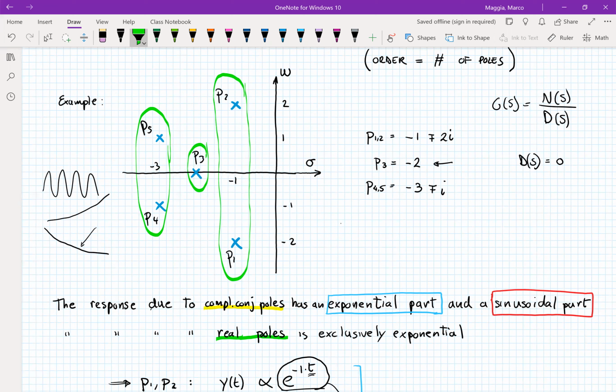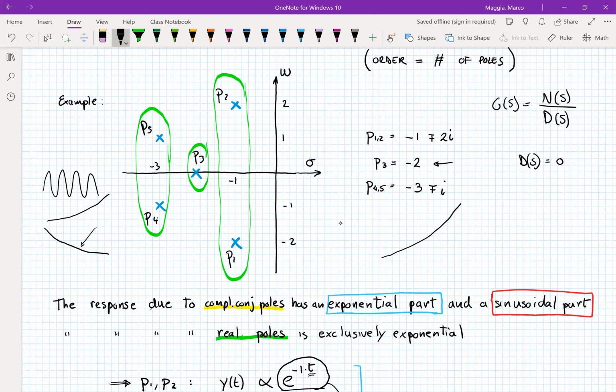Of course, I'm considering systems with all poles with negative real part. Because if you had poles with positive real part, the output will just blow up to infinity, and the system would be known as unstable. And that's what we're going to see later on today.